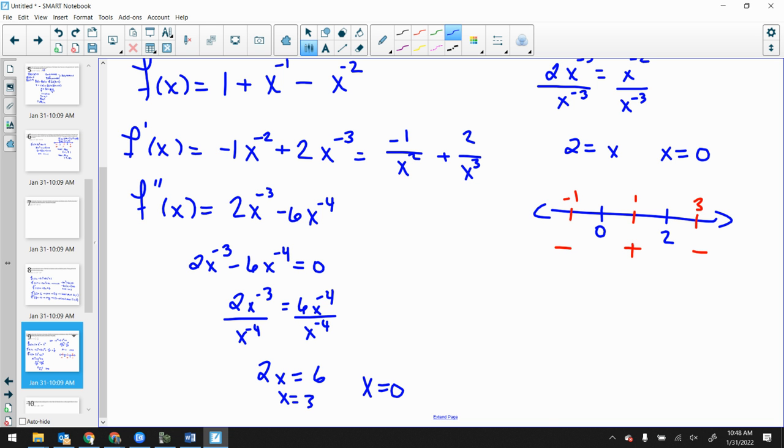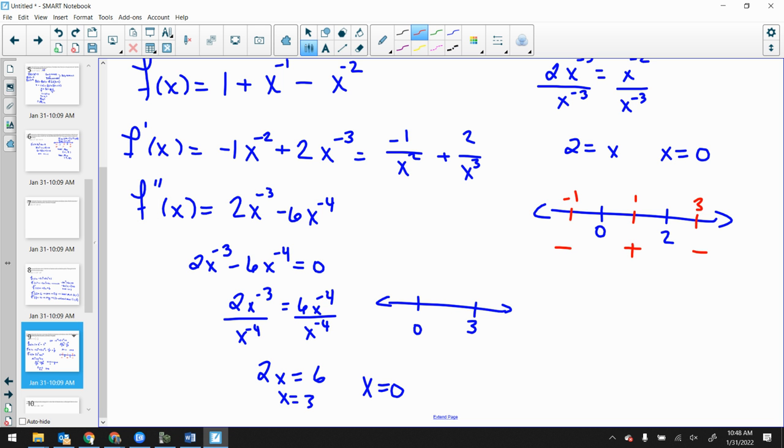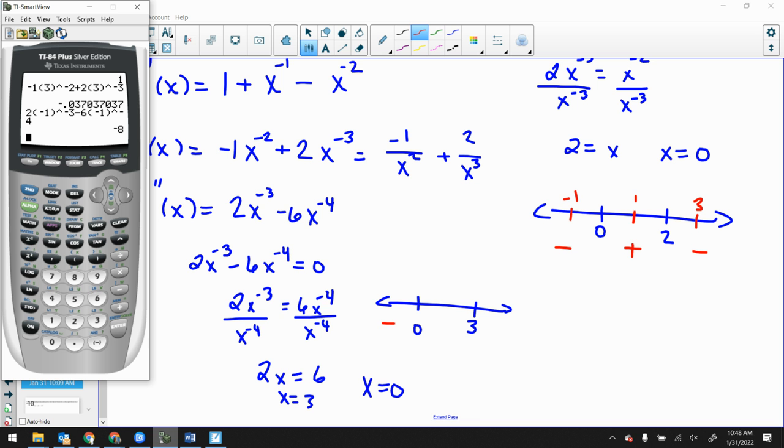Okay. So number line test here between 0 and 3. Let's do a negative 1 again. 2 times negative 1 to the negative third minus 6 times negative 1 to the negative fourth is negative. Let's take 1, between 0 and 3.